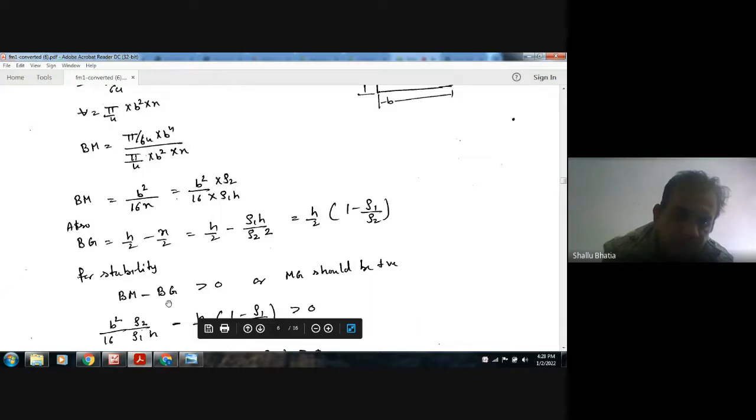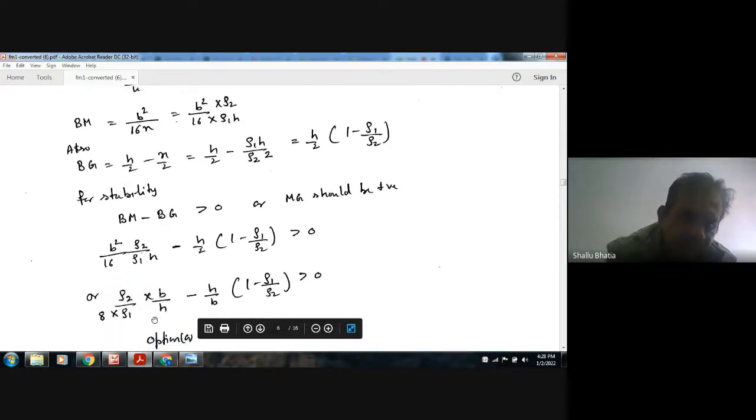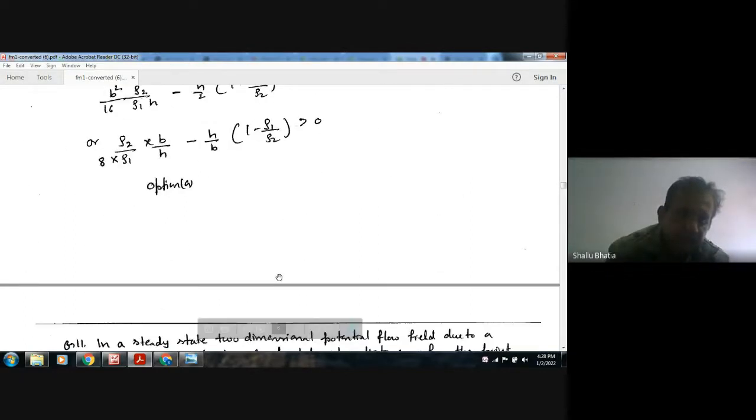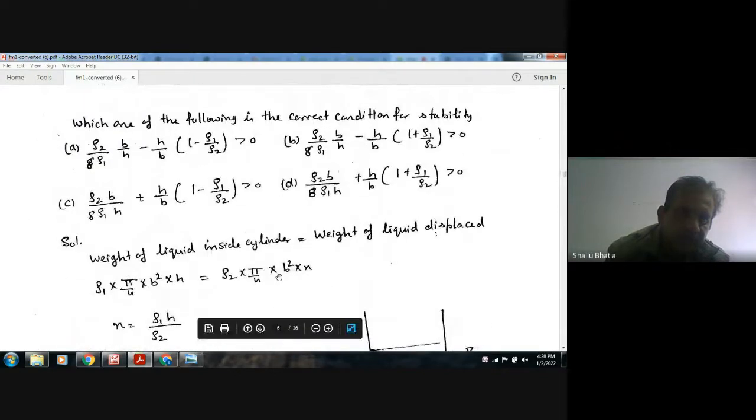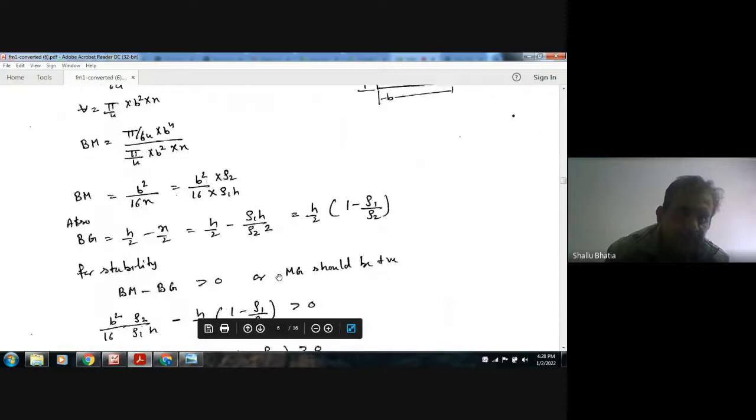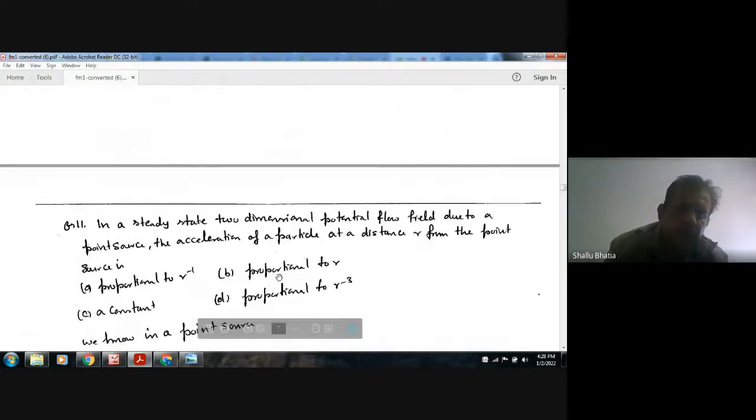So BM should be greater than BG, so BM minus BG should be positive. This condition should be satisfied for stability, so option A.